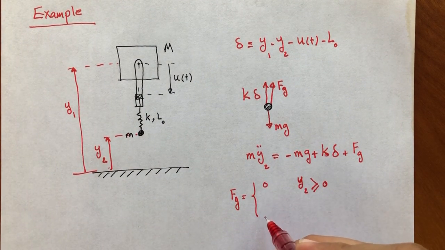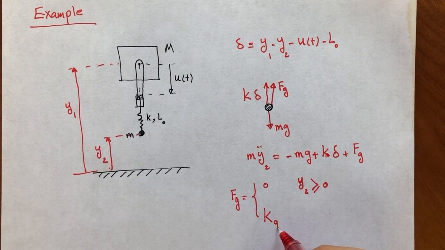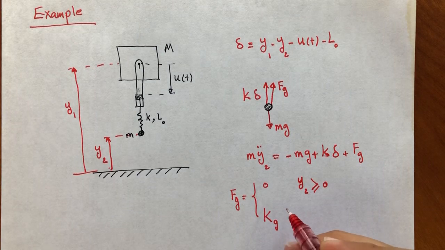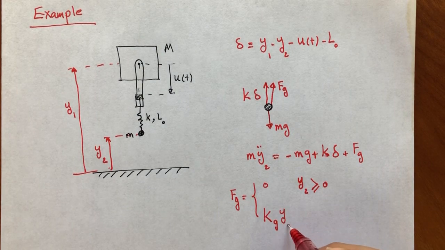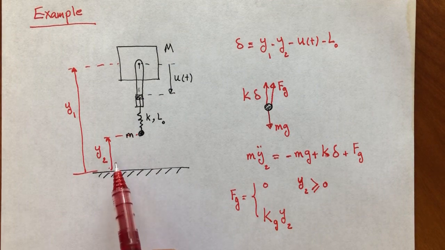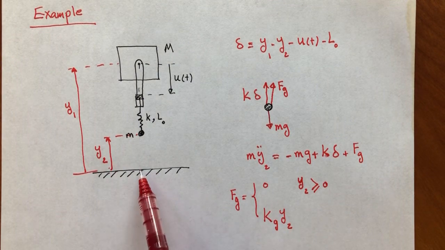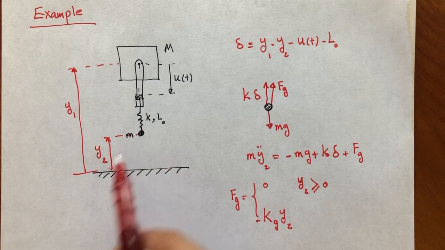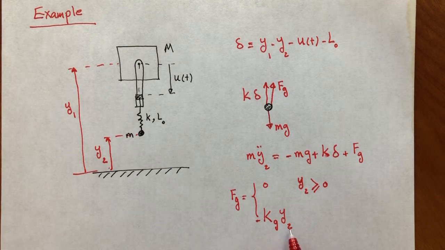So Fg is going to be equal to a spring constant, I'm going to call it Kg, the spring constant of the ground, times y2. And this force must be positive whenever it penetrates, right? But if it penetrates, y2 is going to be negative, so I'm going to put a negative sign here, which means it's going to be upward, because y2 is going to be negative.